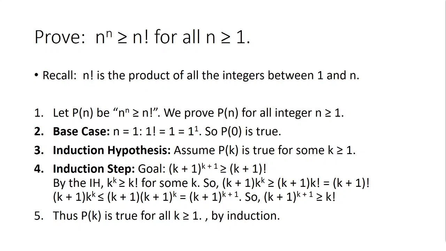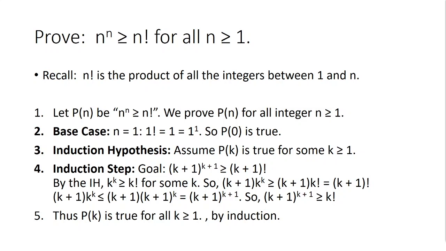So let's look at the claim. P of n will be n to the n is greater than or equal to n factorial. We want to prove P of n for all integers n greater than or equal to 1.